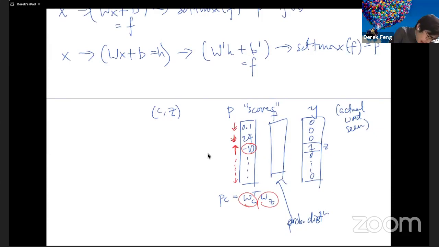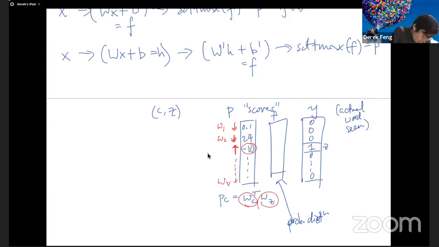Why? Because I have to change every single WC, right? Because remember, what is this? This is basically W1. This relates to W1, W2. This, and every P here just corresponds to the W that it's indexed by, right?